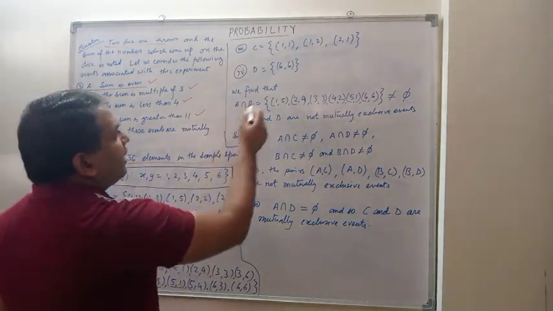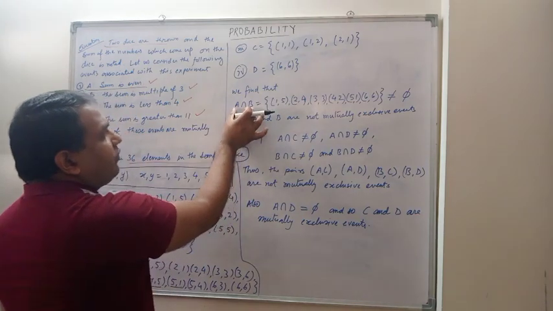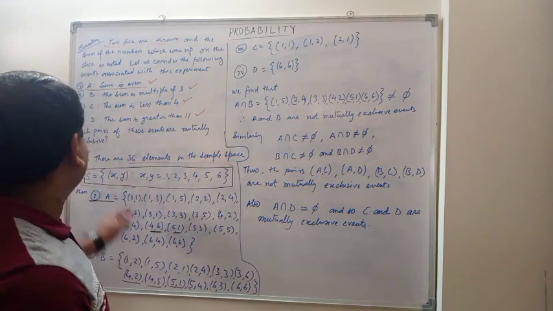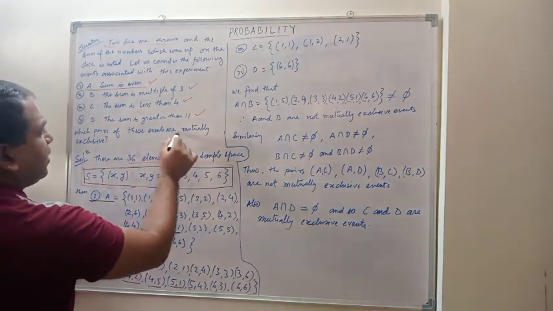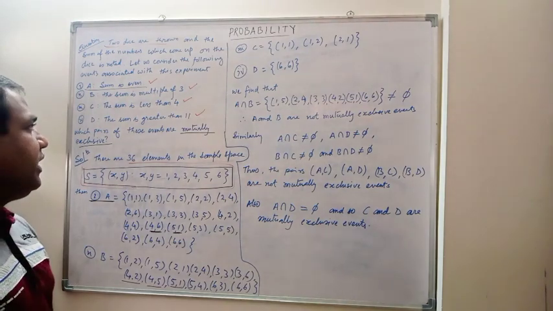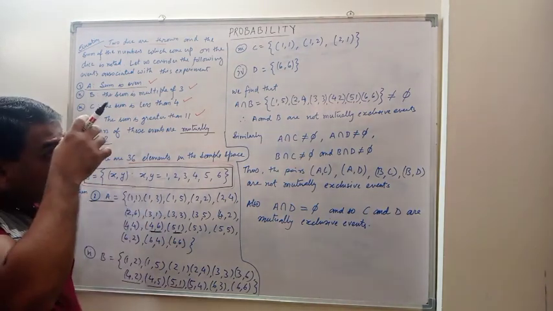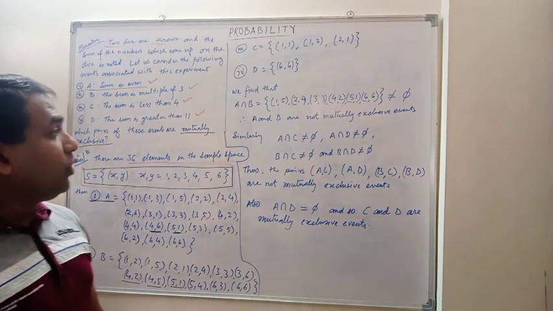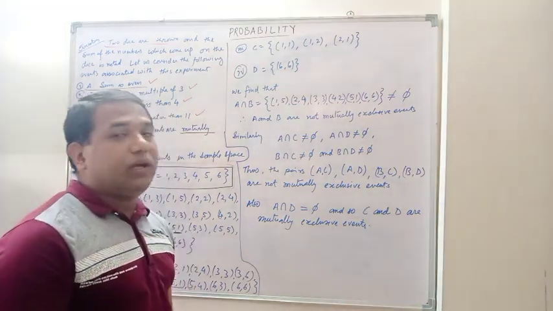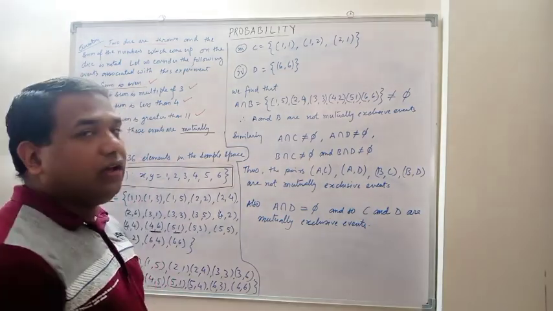So we find A intersection B. First of all, for mutually exclusive events, we have to find the intersection, and that should be equal to the null set.